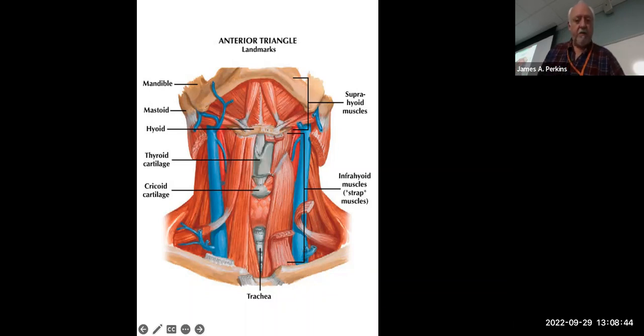Then there's a group of much longer muscles called infrahyoid muscles that lie inferior to the hyoid bone. They connect the hyoid bone to the sternum, the thyroid cartilage, and even, in one case, the scapula. The infrahyoid muscles are also frequently referred to as the strap muscles of the neck because they're all basically long, straight bands of muscle.